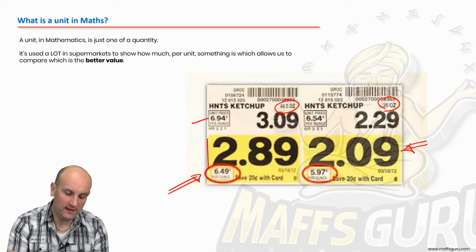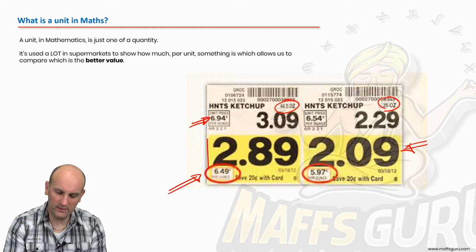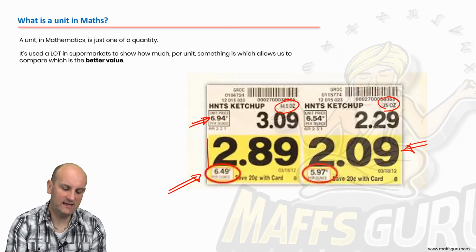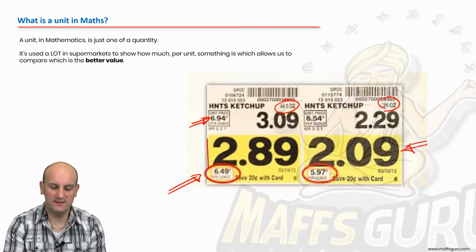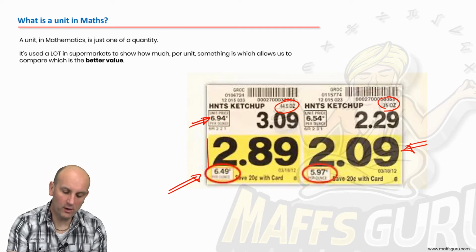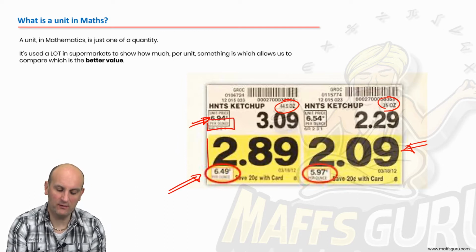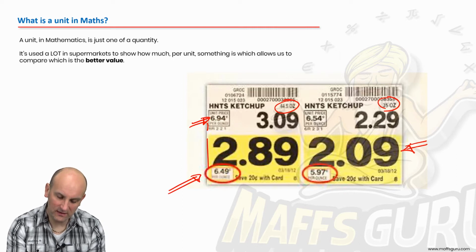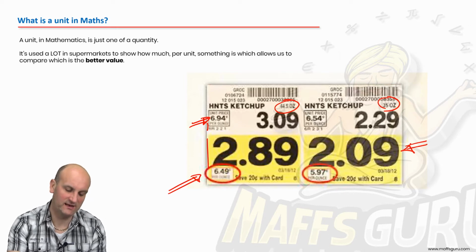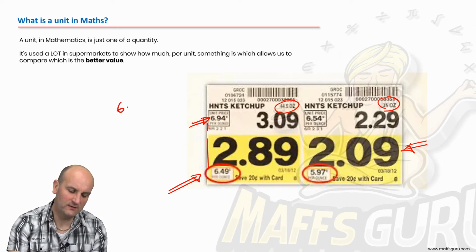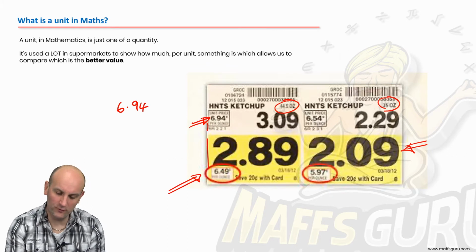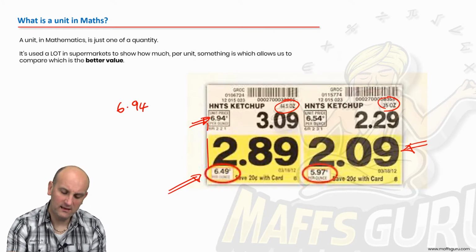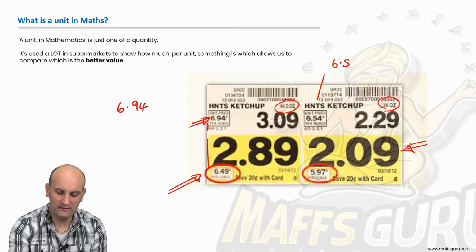Well, they tell you here, and funnily enough down there as well. This thing here is a unit price, per ounce. Per ounce it's 6.94, which must be cents, and here the unit price per ounce is 6.54.